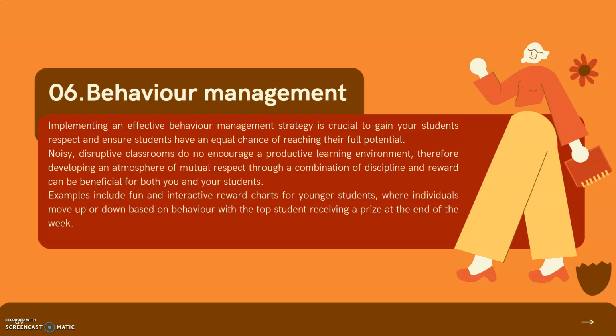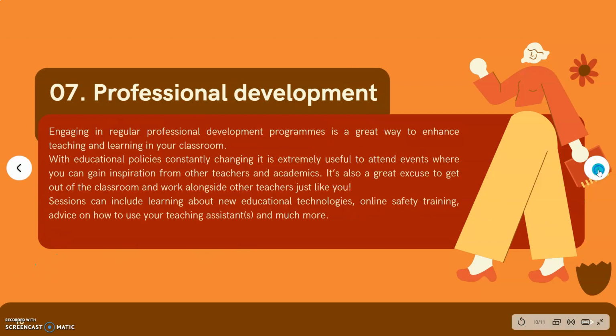For example, you can include fun and interactive reward charts for younger students, where individual behavior is tracked, and the top students receive a prize at the end of the week. This is the type of activity where you as a teacher search and investigate how you can reach the attention of your students. And the last one, professional development.